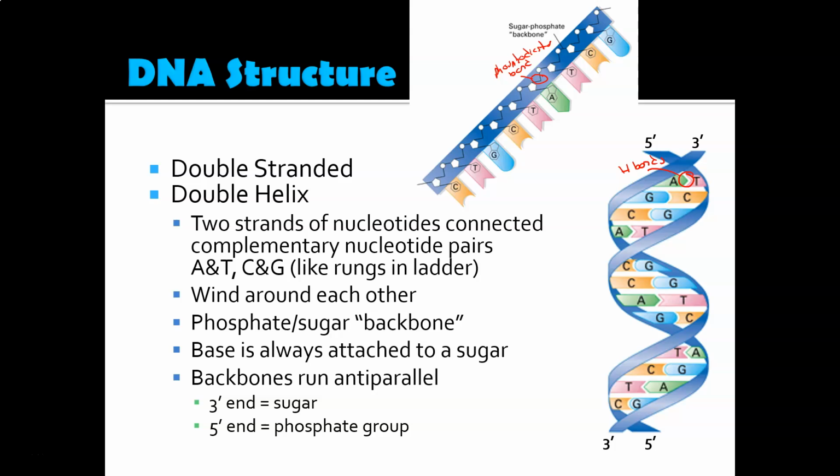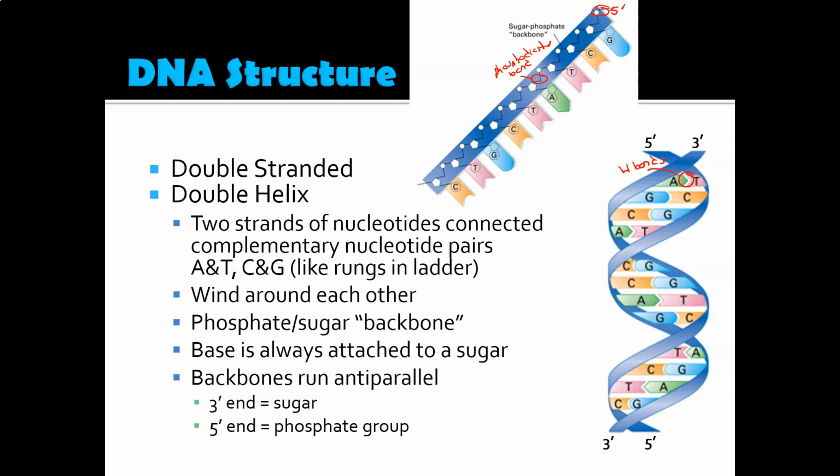Other thing to keep in mind is that these strands don't run identically to each other. In fact, they run what we call anti-parallel. So when I look at the end strand of one molecule, it's your 5' end, which would be your free phosphate. So if I came up here, this would be a free phosphate. If I look up here, this would be that 5' end.